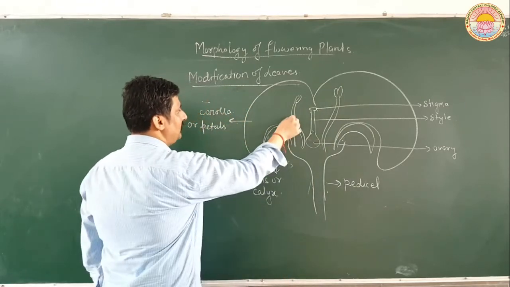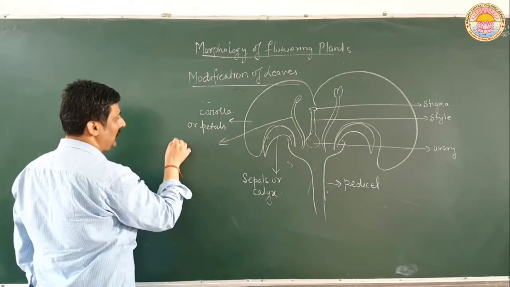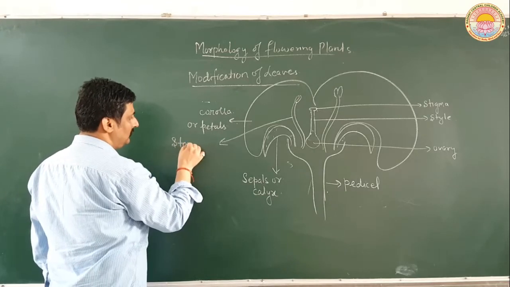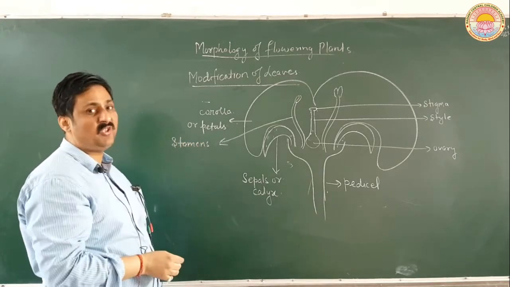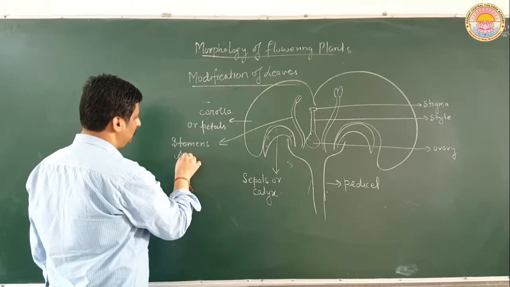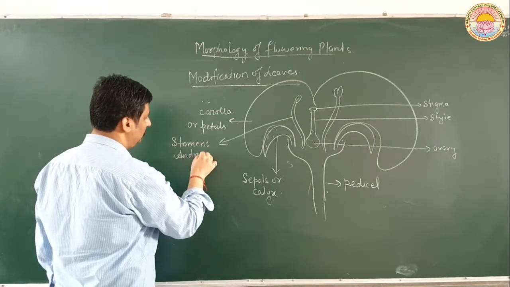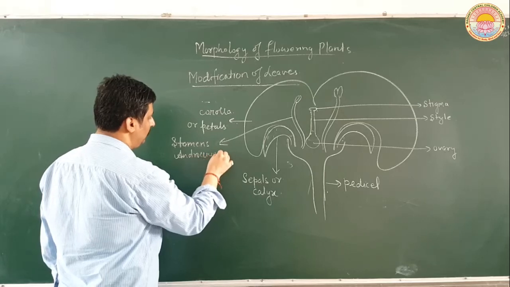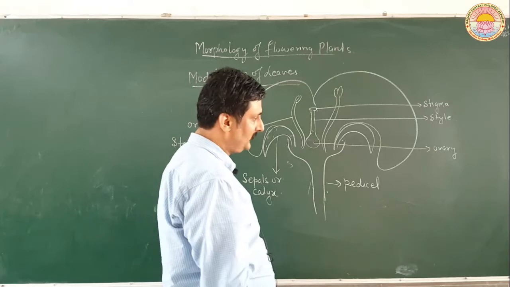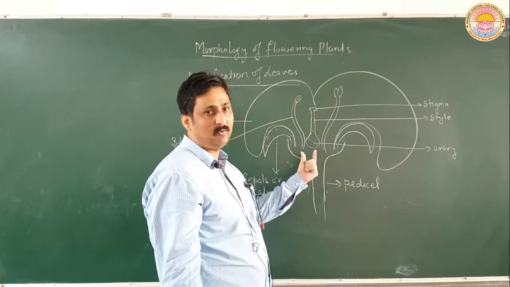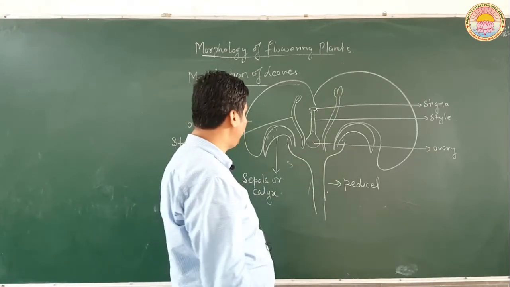Stamens, or you can call it androecium. So now you see all the 4 whorls which arise from the thalamus or the receptacle.